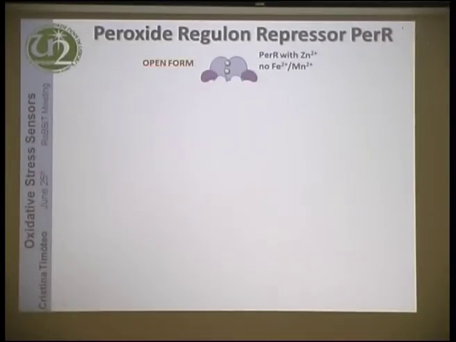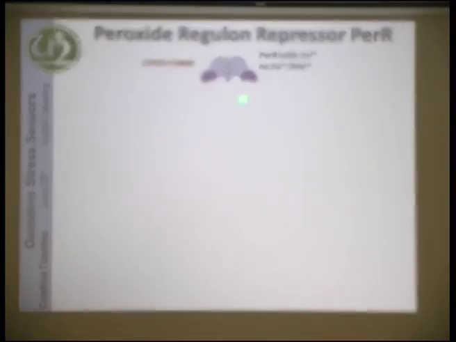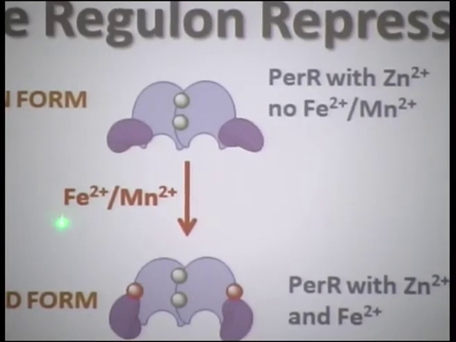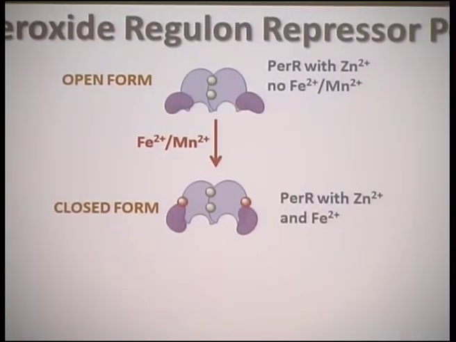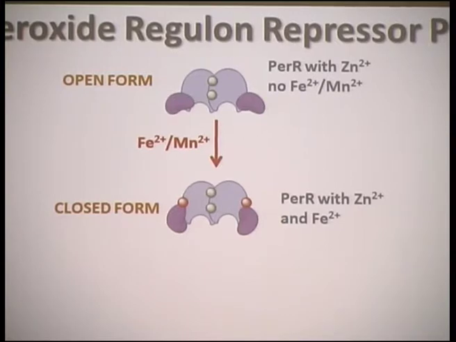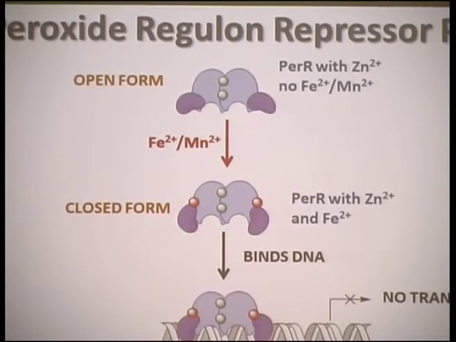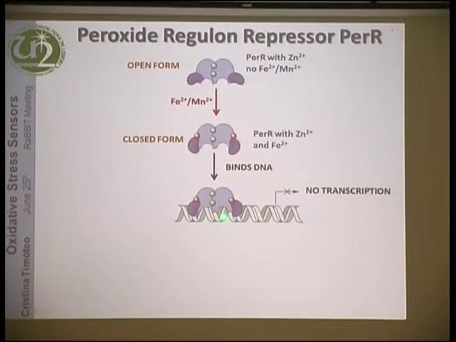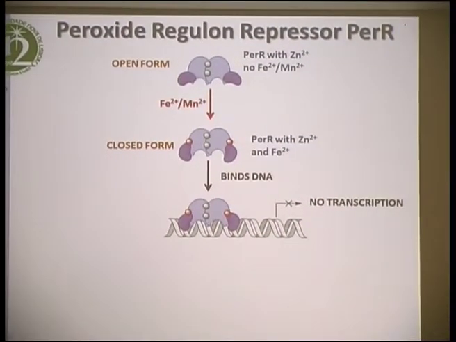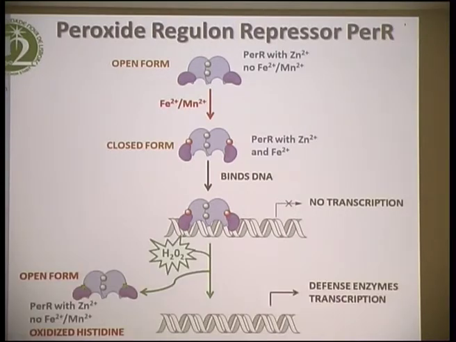So the mechanism would be something like this. We have the open form with zinc, a protein dimer, and when we add iron or manganese, the protein changes its conformation and becomes what we call the closed form, which is able to bind DNA, and when the protein is bound to DNA, there is no transcription, so it is a transcription repressor.